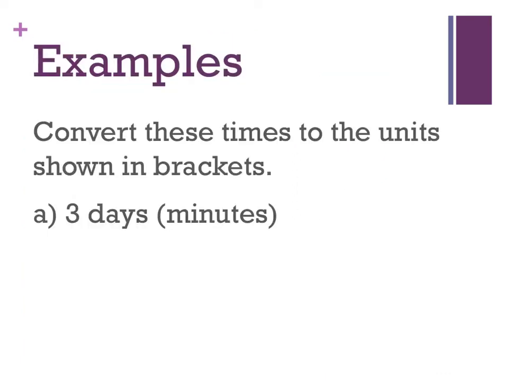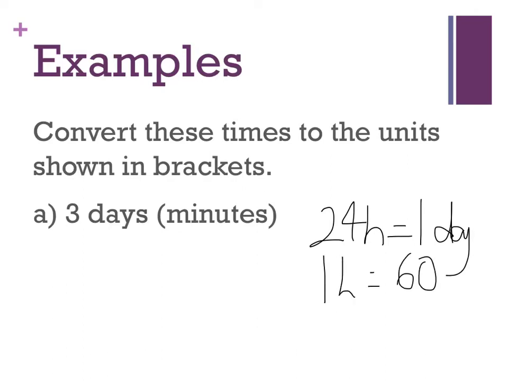So, what kind of things are you going to be required to do? Well, it says convert these times to the units shown in brackets. I want to know what 3 days is in minutes. I know there are 24 hours in one day, and 1 hour is equal to 60 minutes.